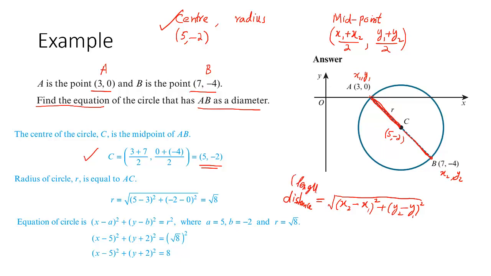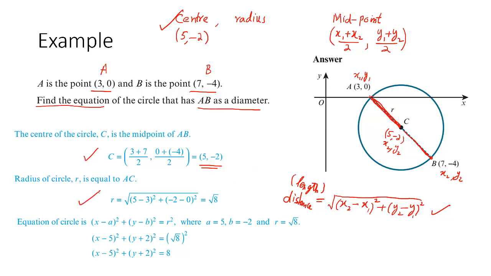Let me take any one point. Let me take this point A because it is easier, as there is a coordinate 0. Let me call this x1 and y1, and this x2 and y2. With the help of these 2 points A and C, I will plug them into this distance formula, and this will give me the radius.